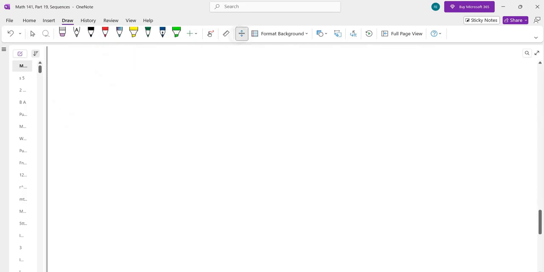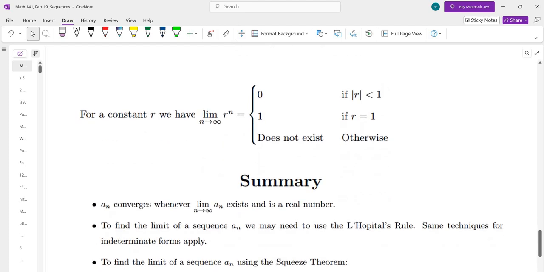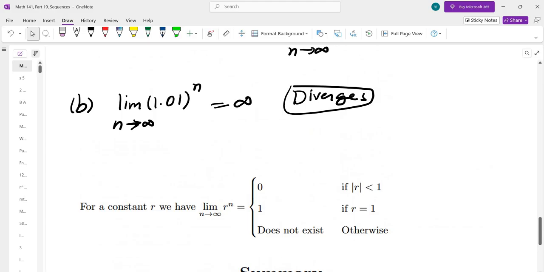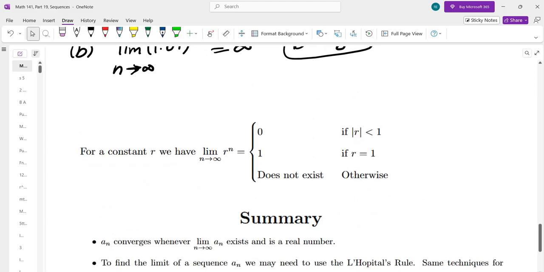So in general, powers of a constant r are called geometric sequences. If that constant is between negative 1 and 1, then r to the power of n approaches 0. If r is 1, well, then 1 to the power of n is always exactly 1, so it does approach 1. Otherwise, it does not converge.